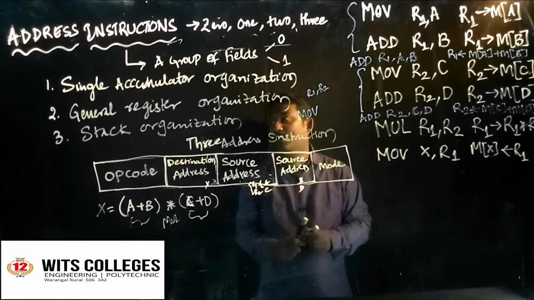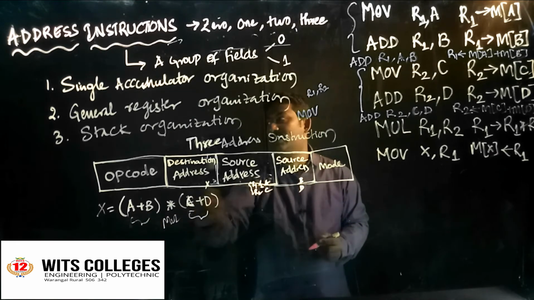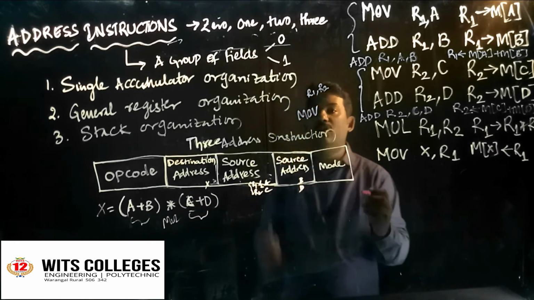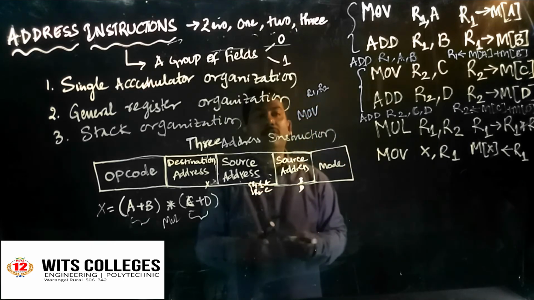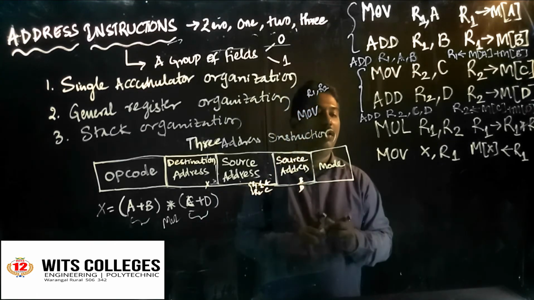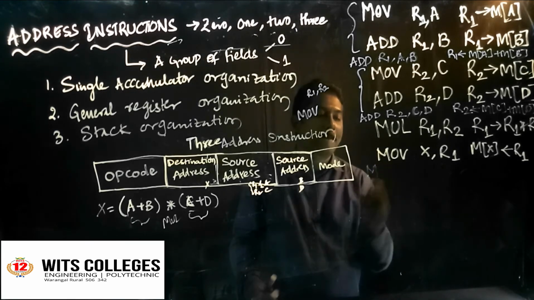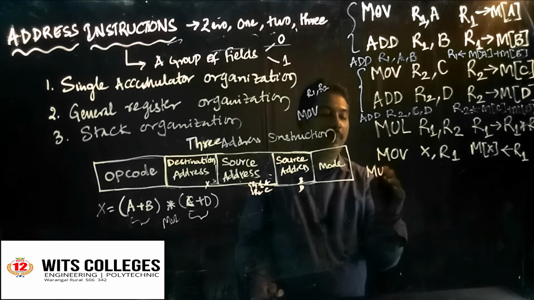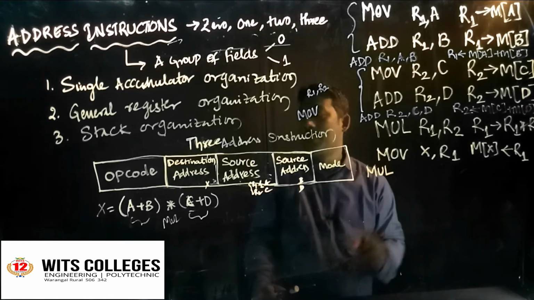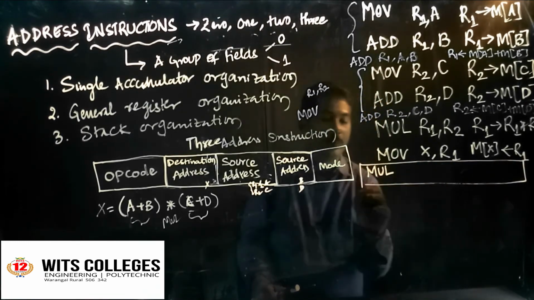Then comes the output. For the output, the destination address is X. We can use multiplication, MUL. I am using a box so that it can be differentiated for you.